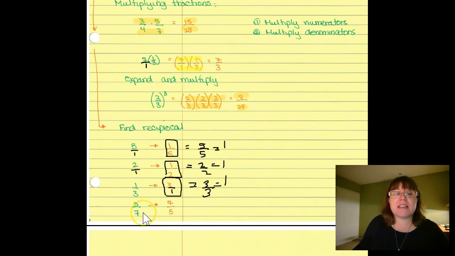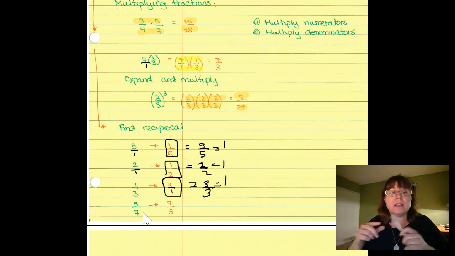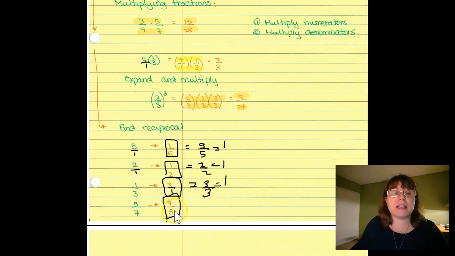What about 5/7? Well, let's use our trick of flipping 5/7. If we flip 5/7, it's going to be 7/5. And again, 5 times 7 is 35, 7 times 5 is 35, so it's 35 over 35. Anything over itself is 1. So definitely our reciprocal of 5/7 is 7/5.